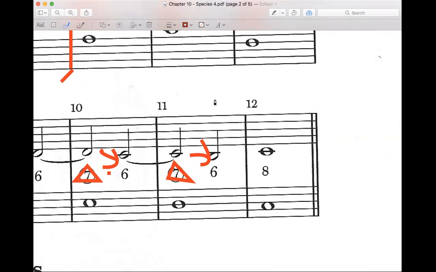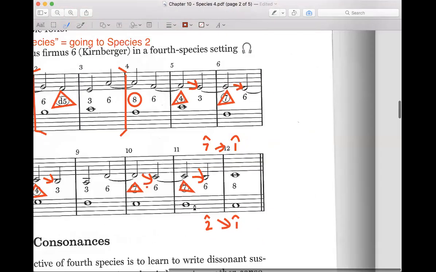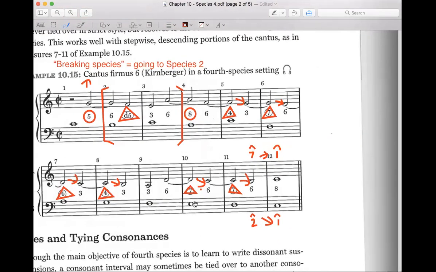All right, but in any case, you do need scale degree 7, resolving to scale degree 1. This is re do. This is ti do, just as we've seen. Okay, and let's hear this exercise. Let's see if you think it works in terms of its overall shape.